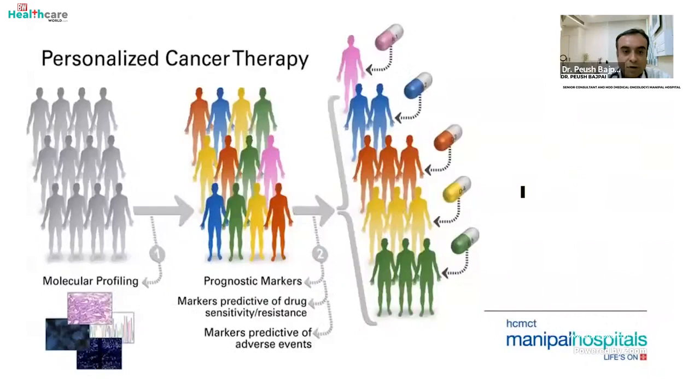Just to give you a glimpse of how personalized cancer therapy is done: earlier, a number of people all together would be given some therapy. Now we are able to identify who are the particular individuals with one particular mutation, let's say the yellow mutation.